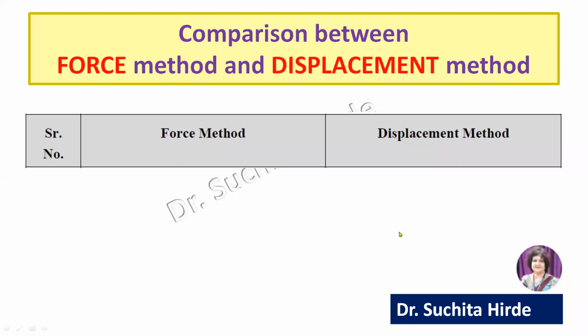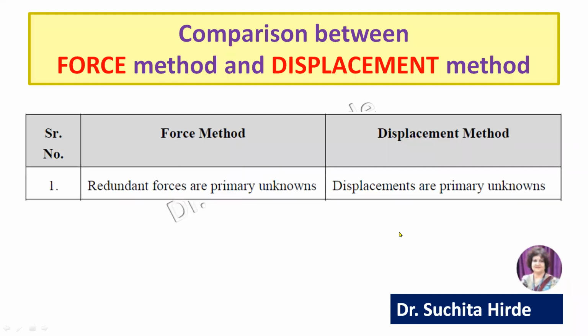So in comparison, the first point is, as we have discussed already, in force method, redundant forces are primary unknowns, whereas in displacement method, displacements are primary unknowns.